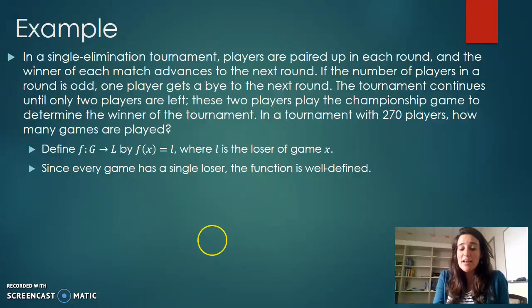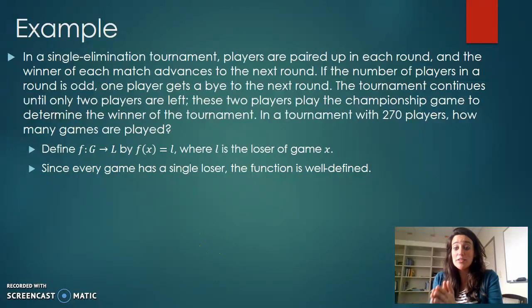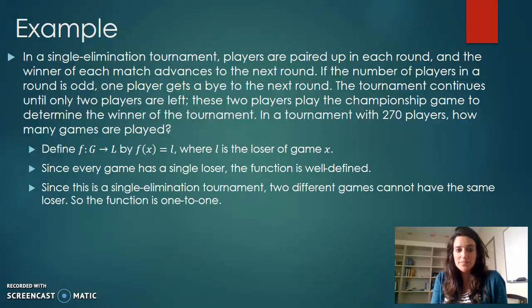Okay, since every game has a loser, the function is well defined. And since this is a single elimination tournament, 2 different games cannot have the same loser, because if you lose once, you can't come back in to lose again. So this function is one-to-one.